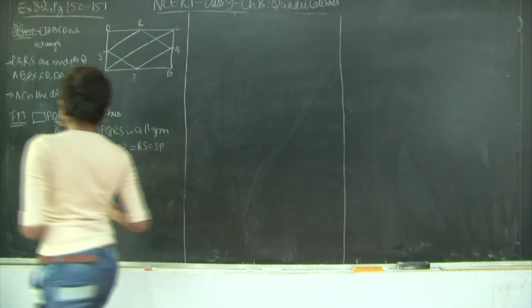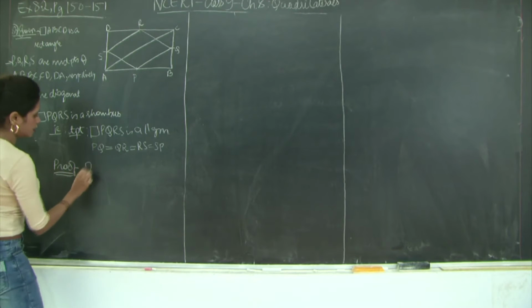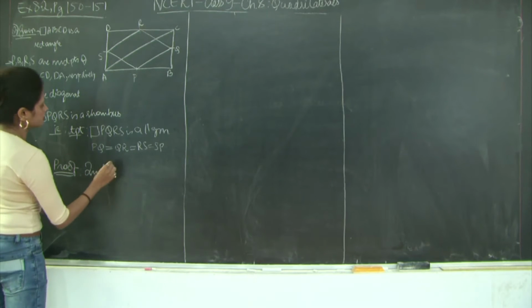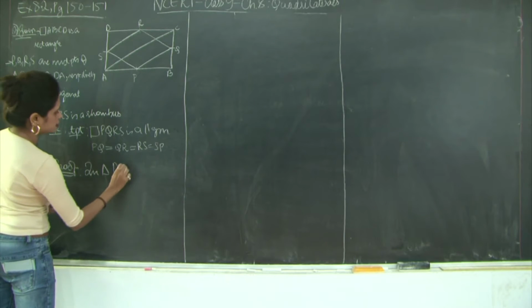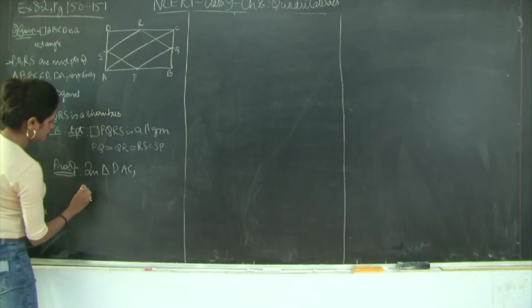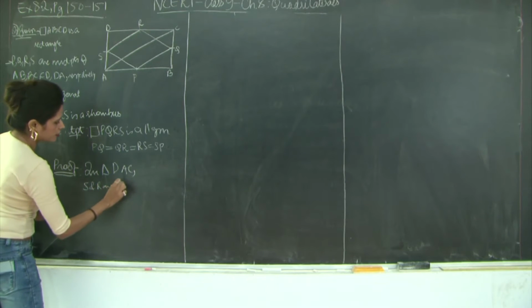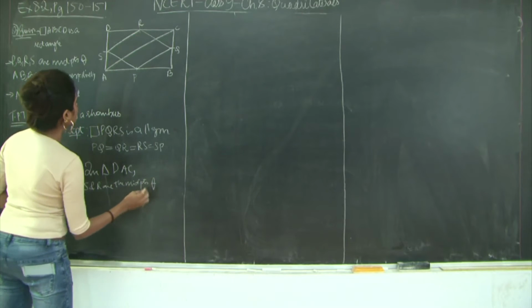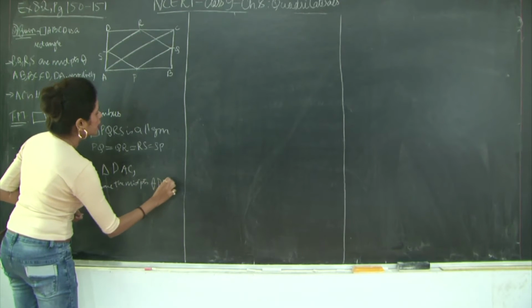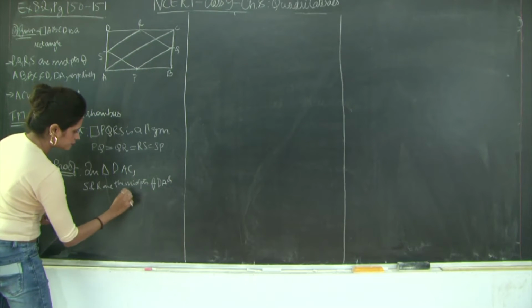Cool? So I'll say proof: in triangle DAC, I have S and R are the midpoints of DA and CD, given.